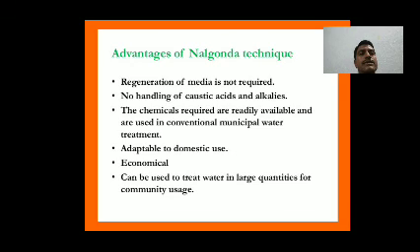Adaptable to domestic use, economically very cheap, can be used to treat water in large quantities for community uses. The chemicals required, like bleaching powder, alum, lime water, are readily and cheaply available. Highly efficient removal of fluorides.